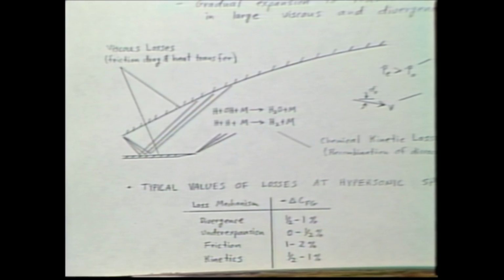Those are divergence losses. To reduce those completely, you could have a perfect nozzle, which basically is designed to orient all the flow axially. However, perfect nozzles at high Mach number conditions tend to be very long. They have a lot of friction drag, and basically you'll have more friction drag than you get a gain in divergence losses.